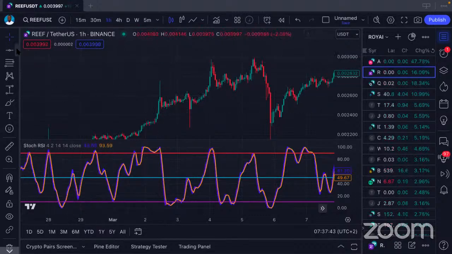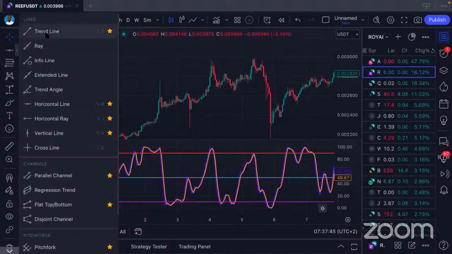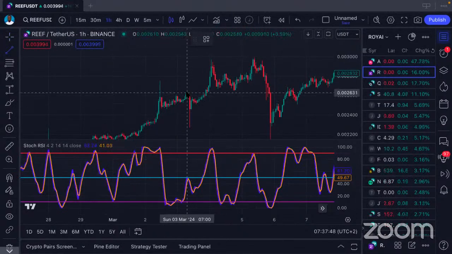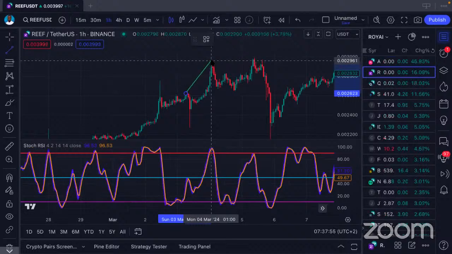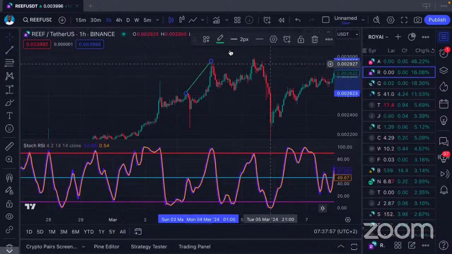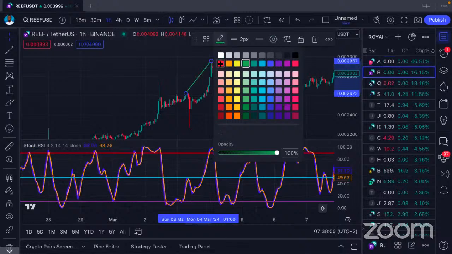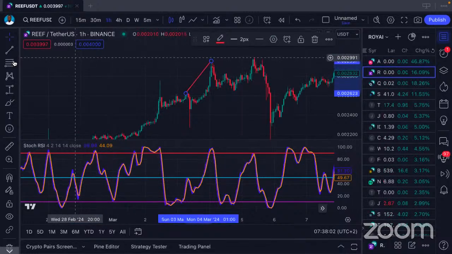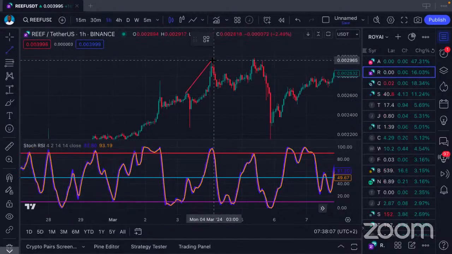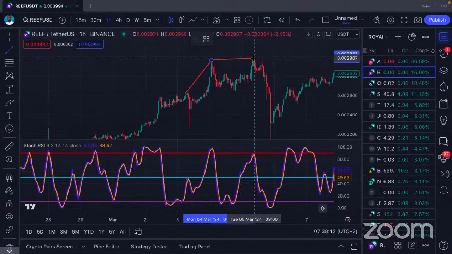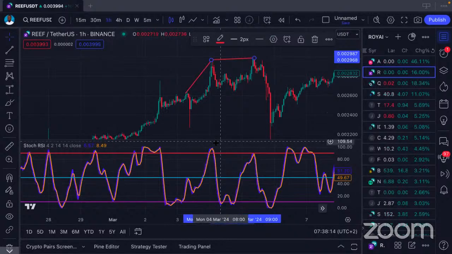We are going to pick our trend line, and we are going to connect this high to this high. I'll change it to red. Okay. Then we are going to connect this high here to that one. So we do the same here.